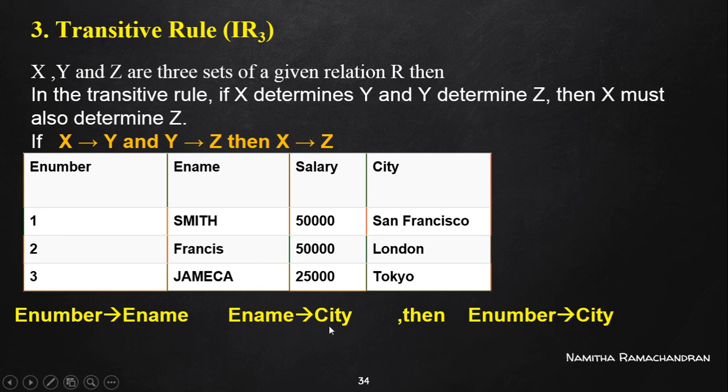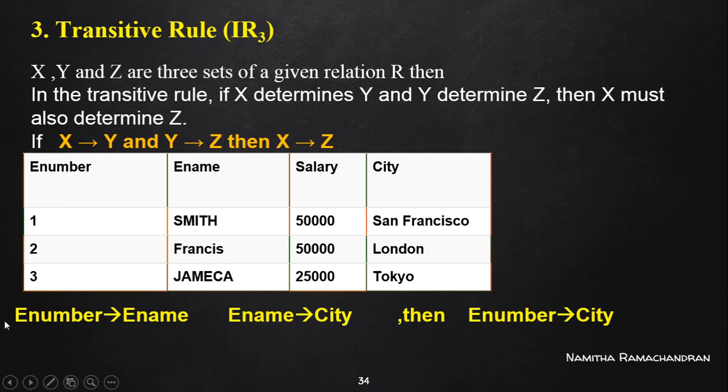So, E name implies city is another valid dependency. If these two are valid dependencies in this relation, then E number implies city is also valid here. That means using these two valid dependencies, we can infer the third dependency, which is not given here but still exists with the help of these two.